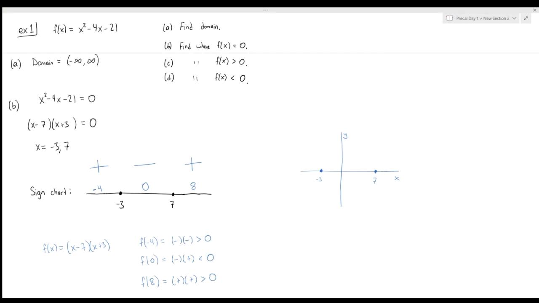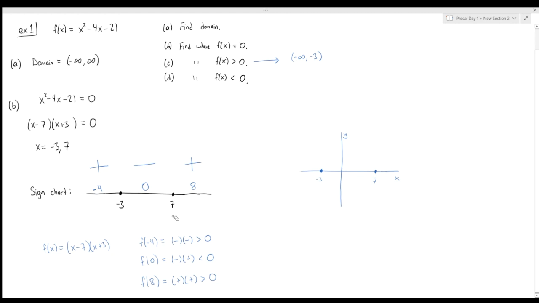And then with the sign charts that we had there, we can answer where f is positive and where f is negative. So here we see that f would have been positive in the interval negative infinity to negative 3.